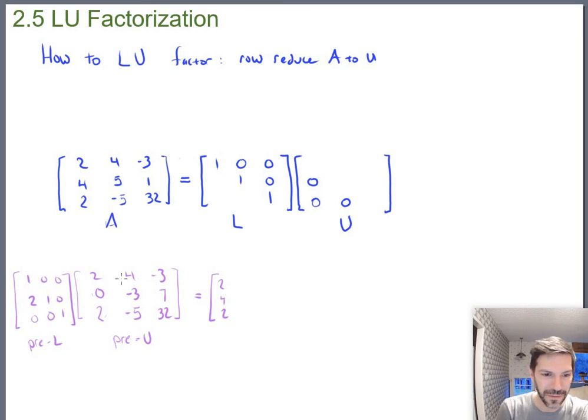So 4 of the first one, that's going to be 4, 8, and -3 is 5. 0, 0, -5. And the last one is going to be -3, and then -6 plus 7 is 1, and 32.